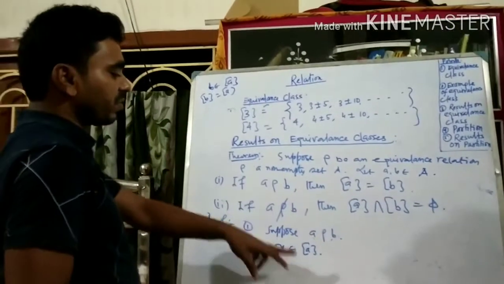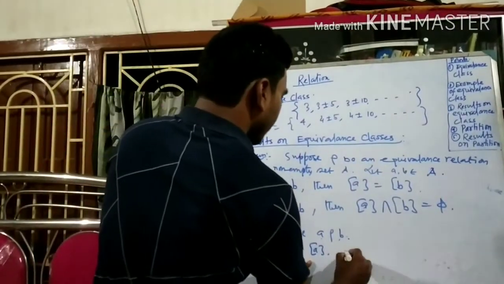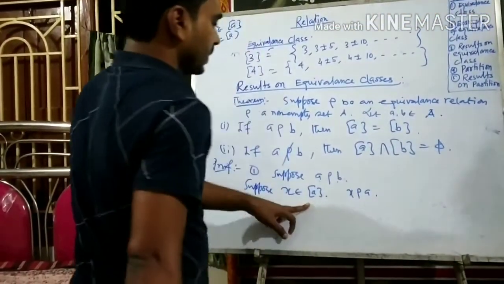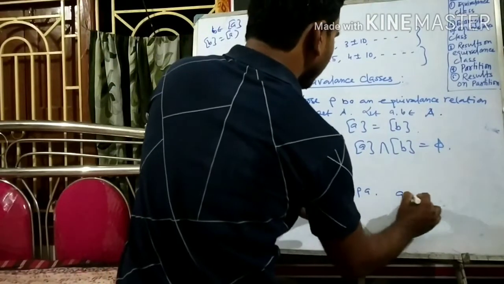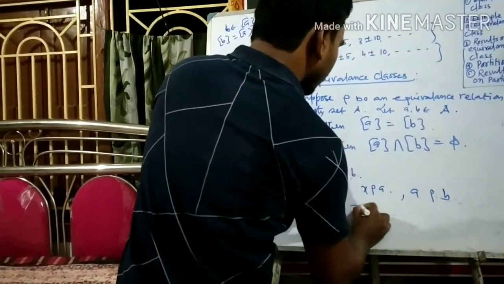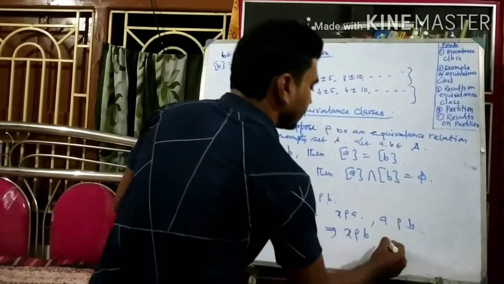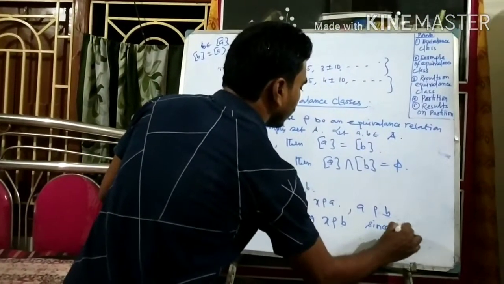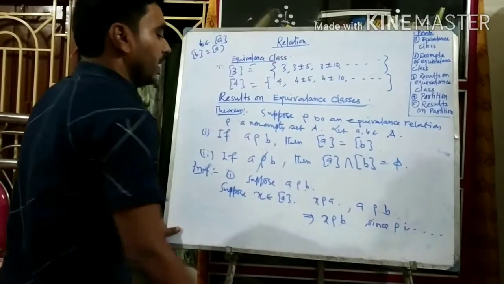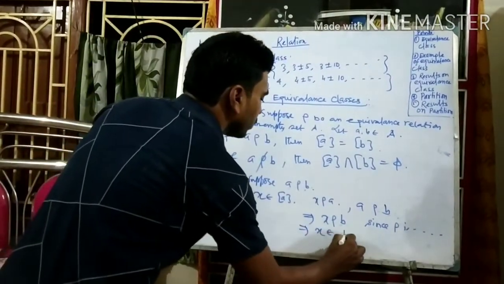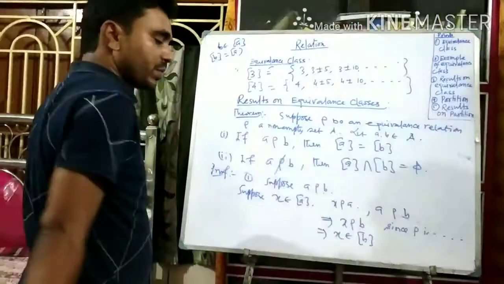Then by definition of class, we can say that x is related to a. Again, since a is related to b, by these two, since rho is an equivalence relation, we can say x is related to b, and this implies x belongs to class b by the definition of class.